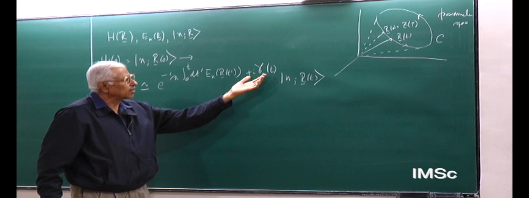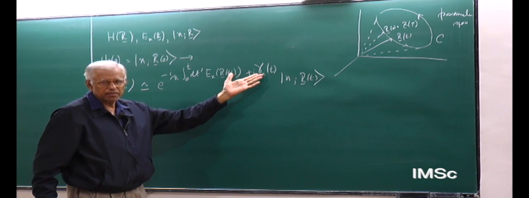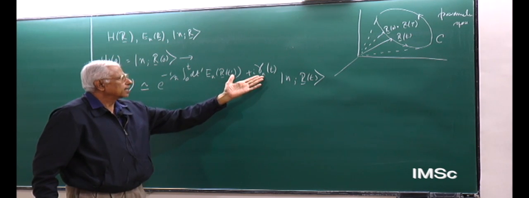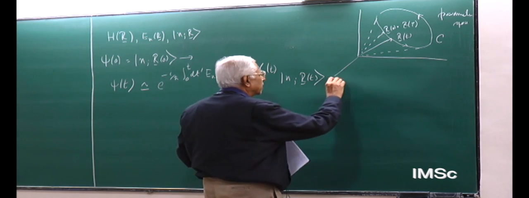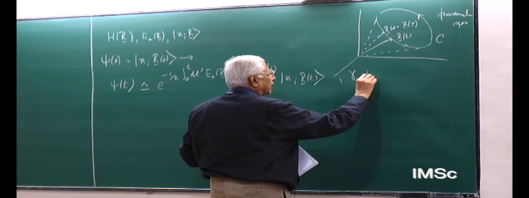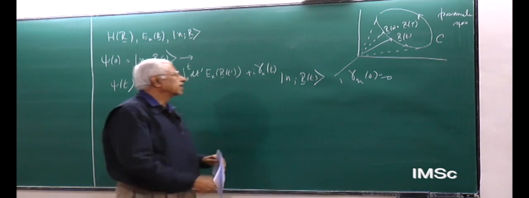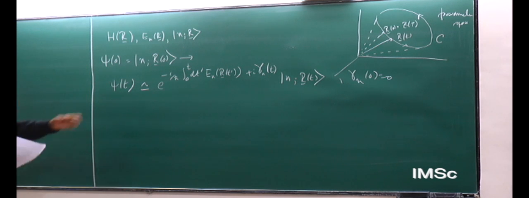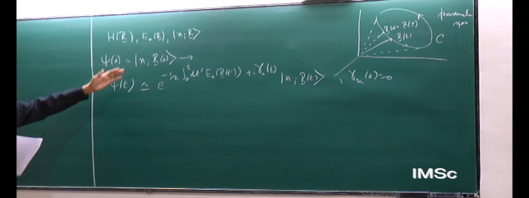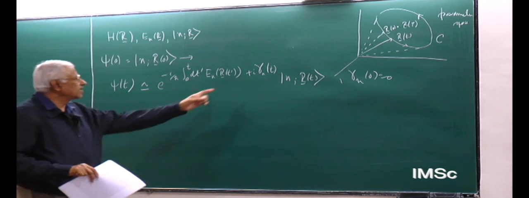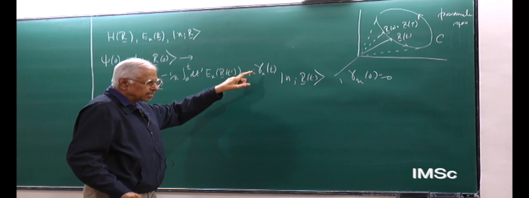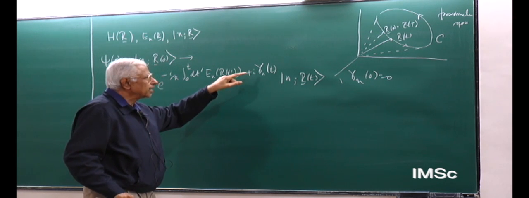We have to allow for some more possible phase factors, which I write as gamma n of t. And because of the given boundary condition, at time t equal to 0, gamma n is of course 0, to get back this condition. So why is this phase necessarily present?